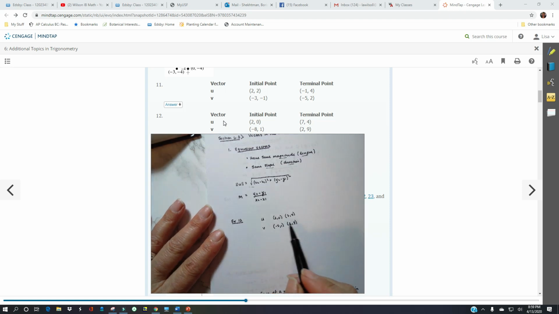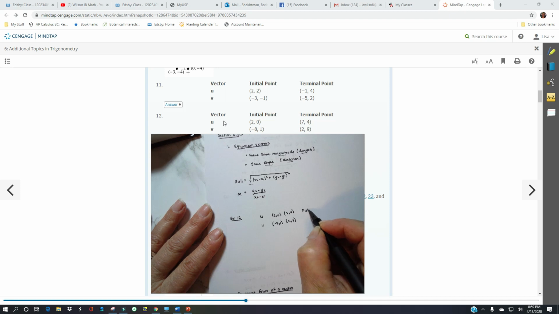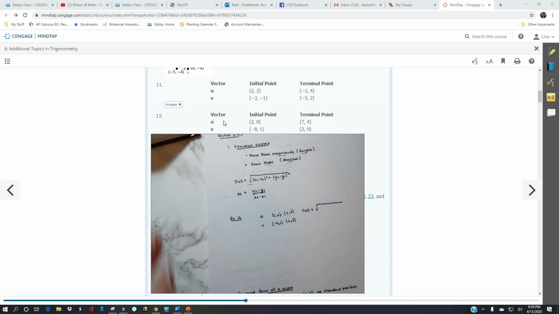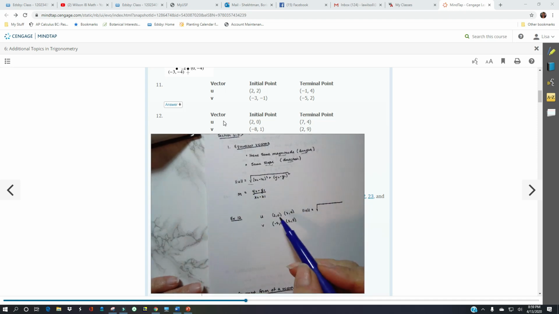So if I want to figure out whether these two vectors are equivalent, the first thing I want to do is find the magnitude. So the magnitude of U is just going to be the square root. Let me get a different color here. So it's the difference, if you look in the formula, it's the difference in the x's, right? So you have to think of this as x, y, okay?